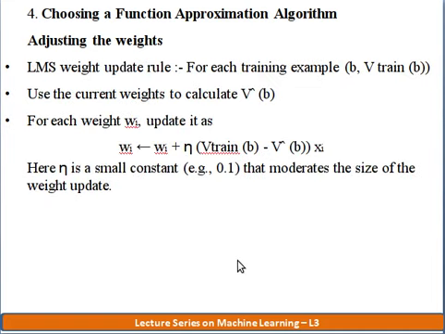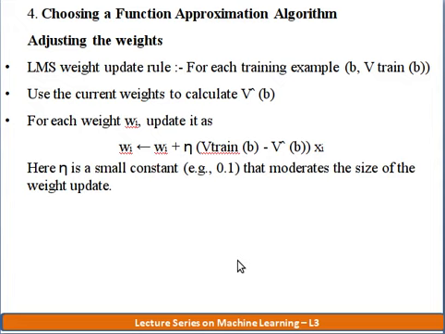Now the LMS weight update rule: it takes the input b comma V train of b, and uses the current weights to calculate V cap of b.